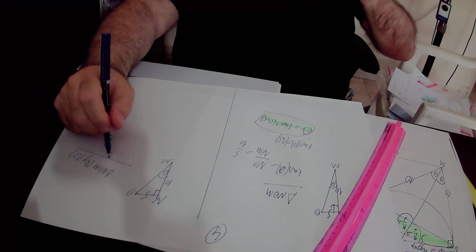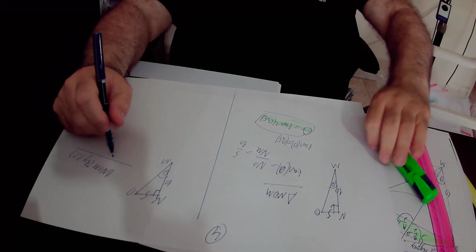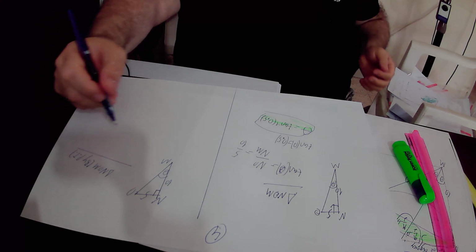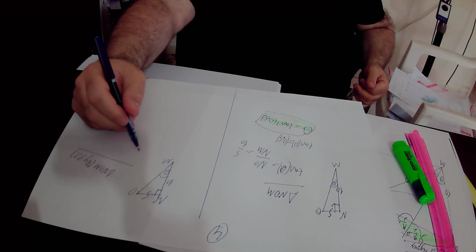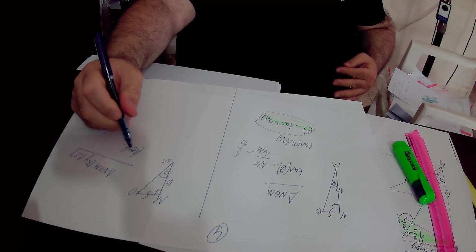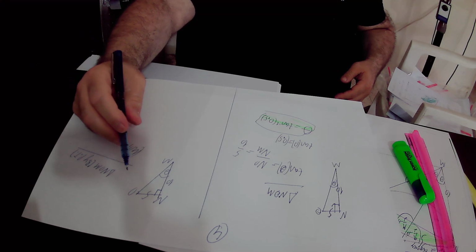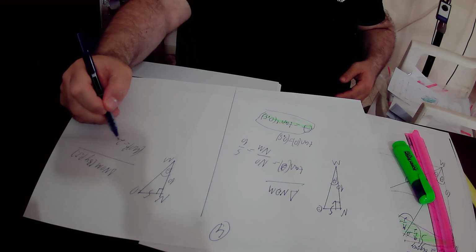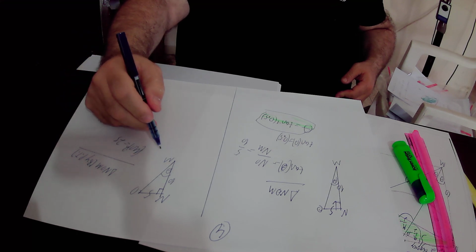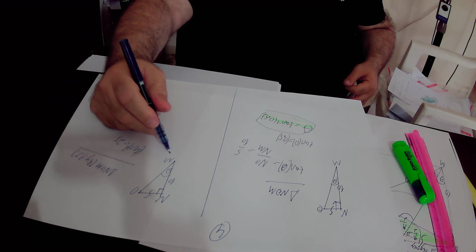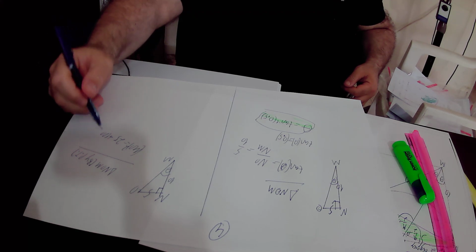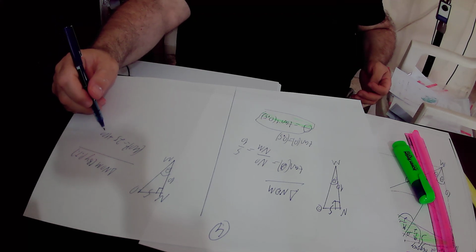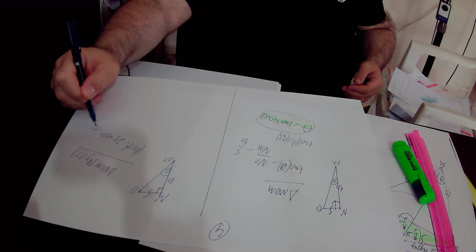According to the Pythagoras theorem, the square of the hypotenuse equals the sum of the squares of the perpendicular sides. That is to say, MO squared equals NO squared, that is 5 squared is 25, plus NM squared. NM is 10, so NM squared is 100. So MO squared equals 25 plus 100, which is 125.